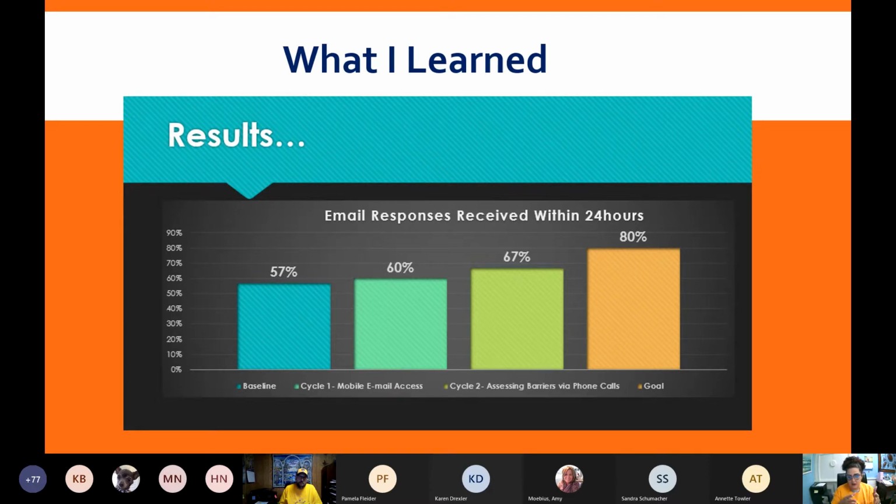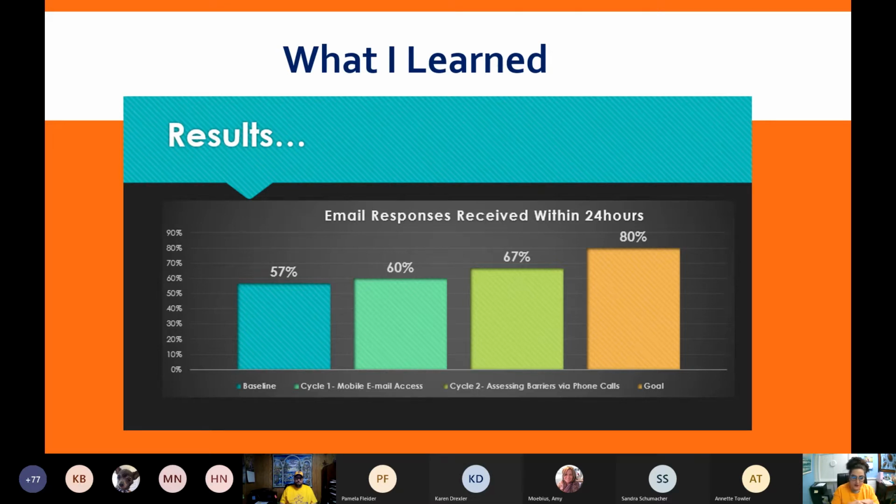The cycles you can run as long as you want. Usually our cycles are about 4 to 6 weeks at a time. Then we meet about it and we say, hey, did that work? And we decide, another thing that you do, is you decide if you're going to adapt, adopt, or abandon some of the changes that you do. I'll reiterate what that means in a minute.